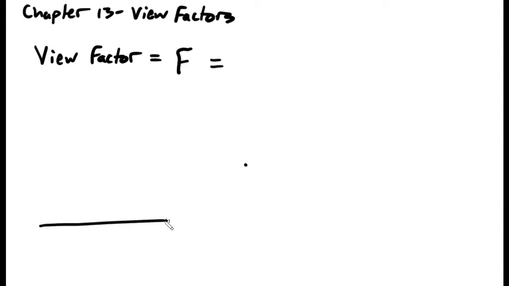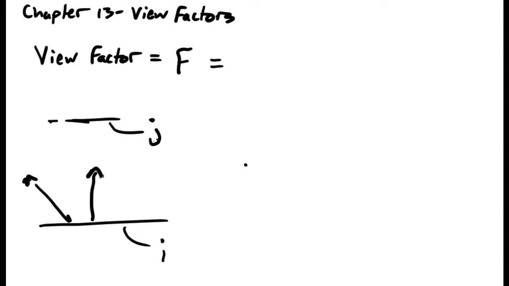Well, let's say we have a surface, which I've drawn down here, surface I, and we have a surface up here, surface J. Okay, so we've got heat that's leaving surface I in all directions. And some of that heat is going to hit surface J.